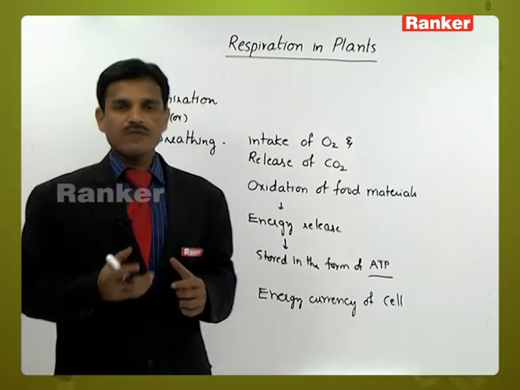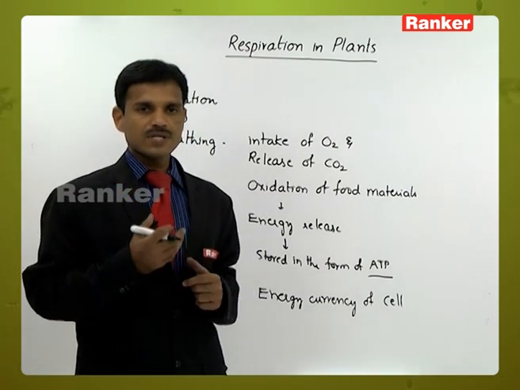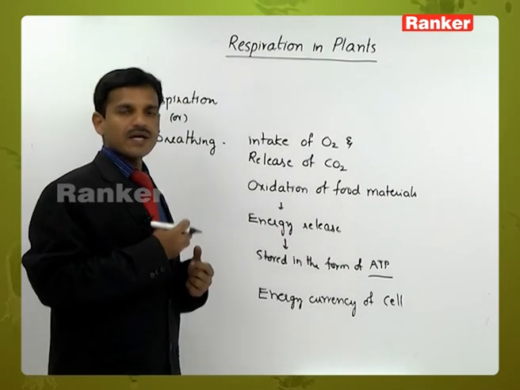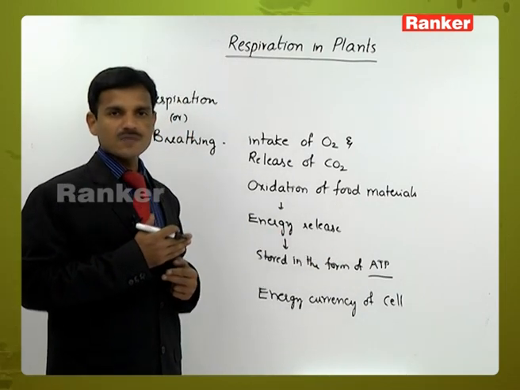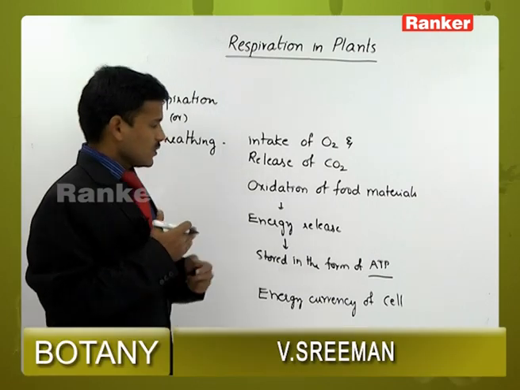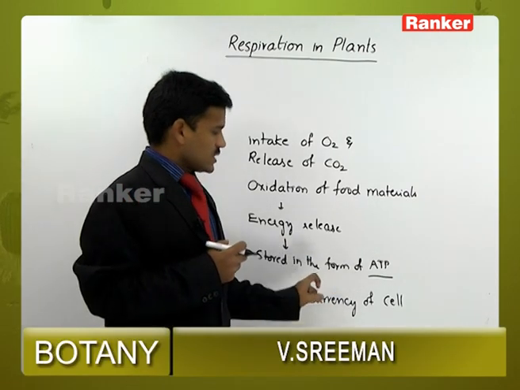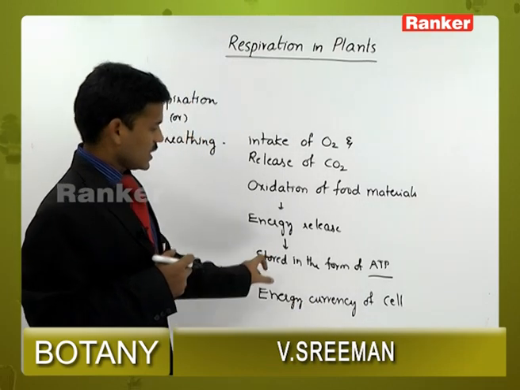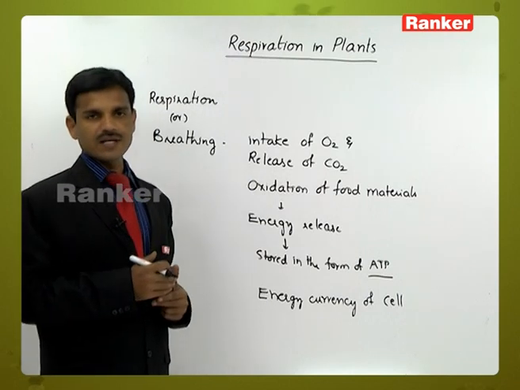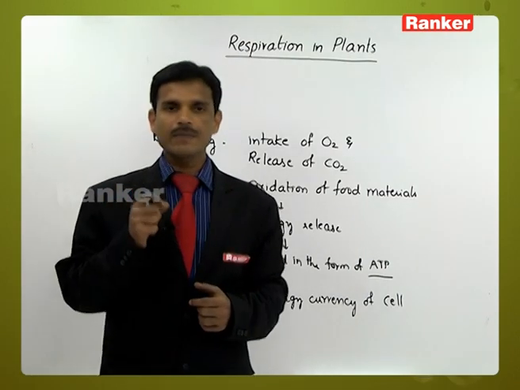Whenever the cell requires energy, based on the requirement, ATP gives the energy. In ATP, the phosphate is hydrolyzed, and some energy is released. That energy is utilized by the cell or organism for different activities. That is the main purpose.